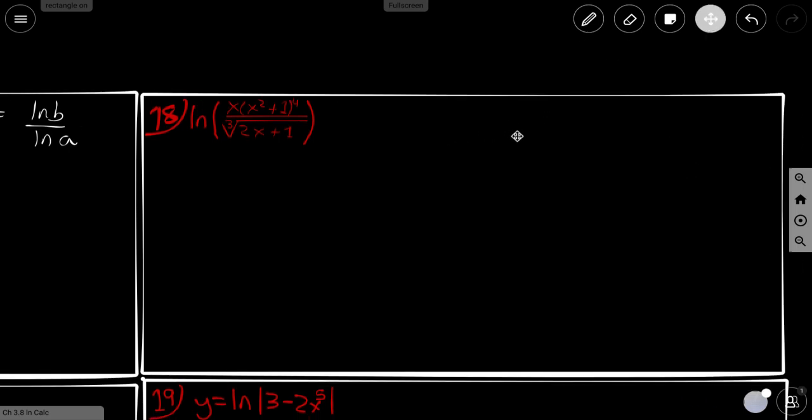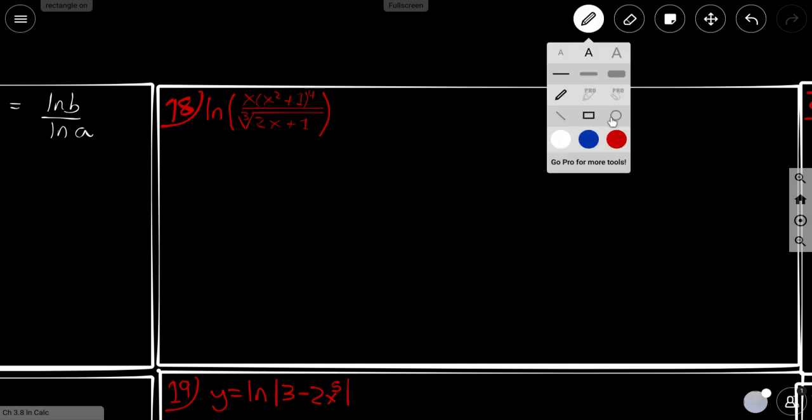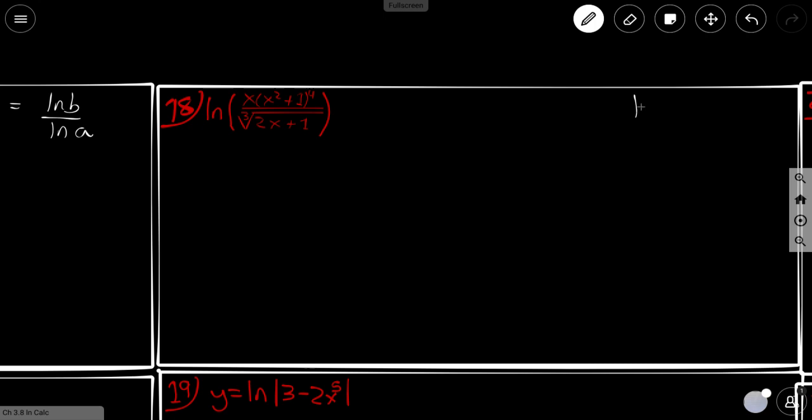So the rules that we're going to be using are like, if you have ln a over b, it is equivalent to ln a minus ln b.